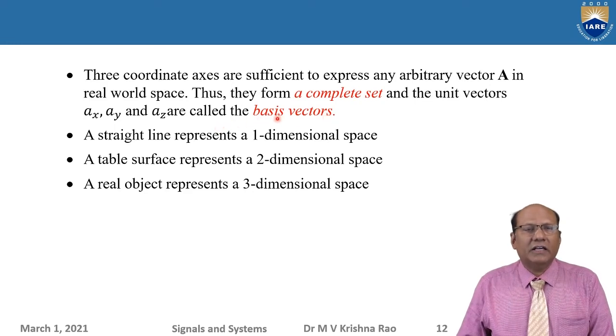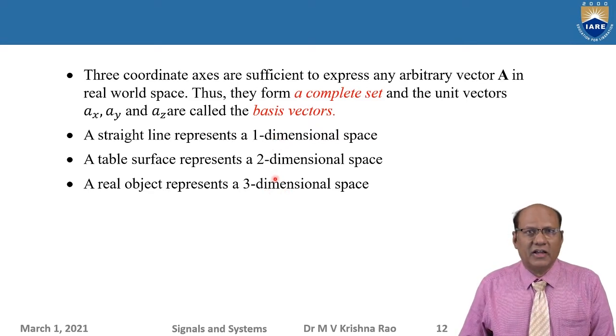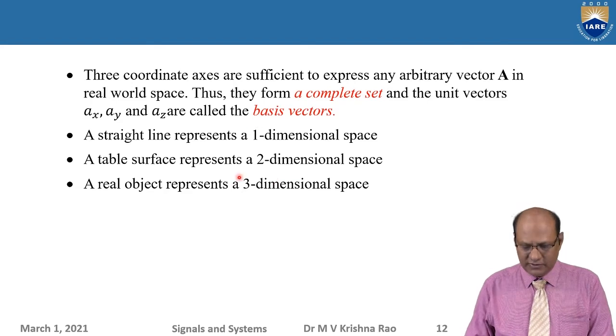You can express any vector, A or B or C, as the summation of these basis vectors. Regarding dimensionality, a straight line is a one-dimensional space, a table surface is a two-dimensional space, and a real object forms a three-dimensional space. These are examples in the order of increasing dimensionality.